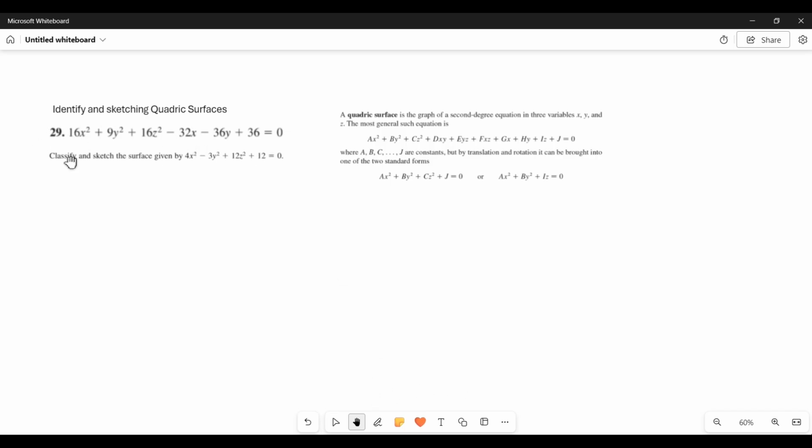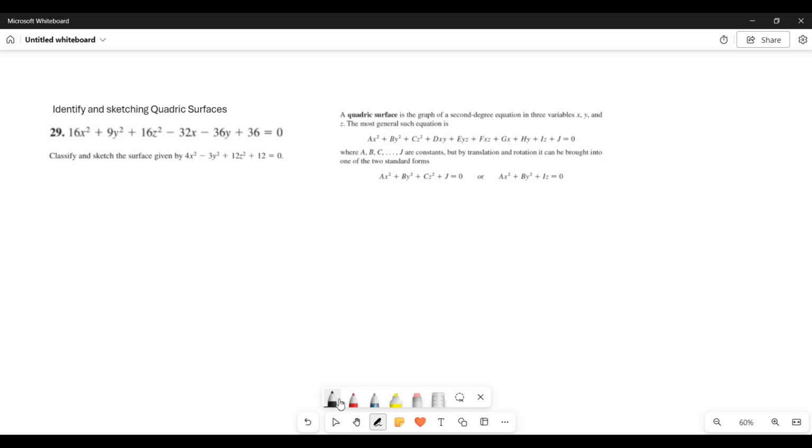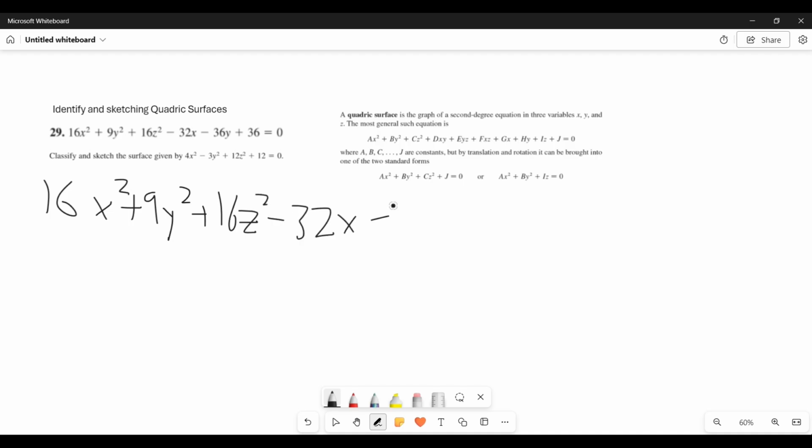Let's look at number 29 since I don't really have time for the one, but this one is a really challenging one and it's going to require a lot of algebra skills. So let me rewrite this as 16x squared plus 9y squared plus 16z squared minus 32x minus 36y plus 36 is equal to 0.